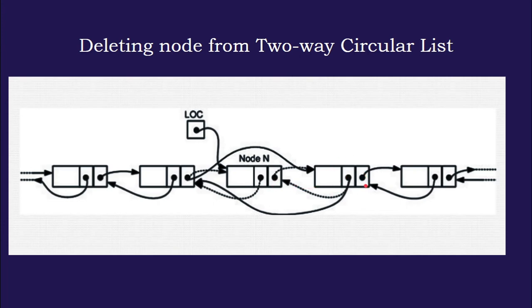That is what is done by the assignment statements. Once you remove this, the backward and forward pointers point to the previous and successive nodes. So this is how deletion is done in the two-way list.